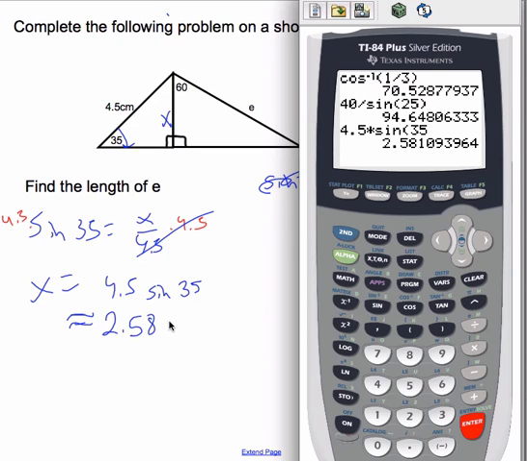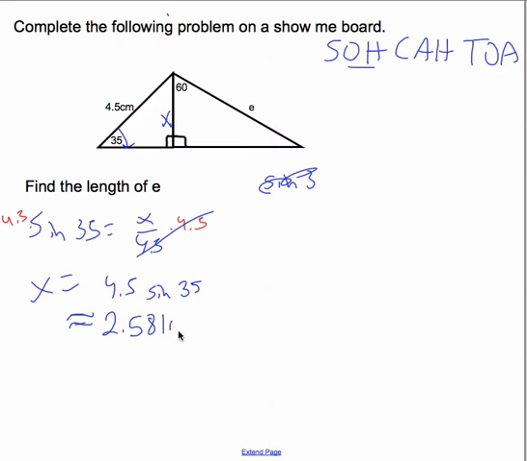So maybe I'll even write 2.58109 as well to make it more accurate. Next step, I have 60 degrees here, and in this triangle, this is opposite and hypotenuse, and this side is adjacent to 60 degrees.